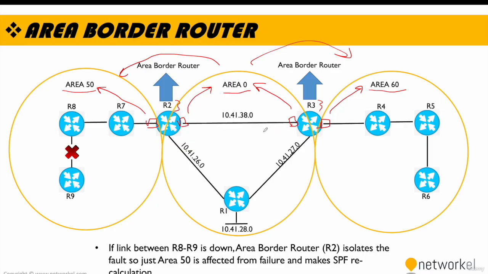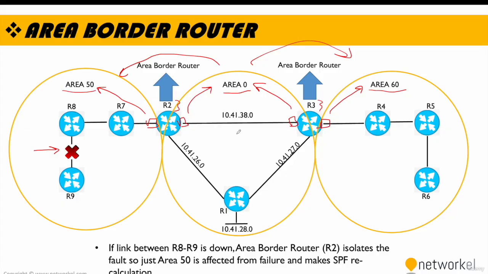another feature also. Let's say the link between router 8 and router 9 went down. For example, maybe a cabling issue or an issue with the router 9 interface itself. Whatever it is, let's say there is a problem within that link.